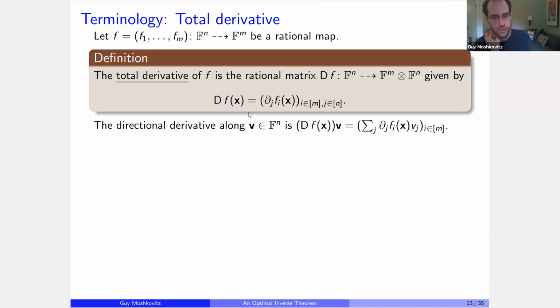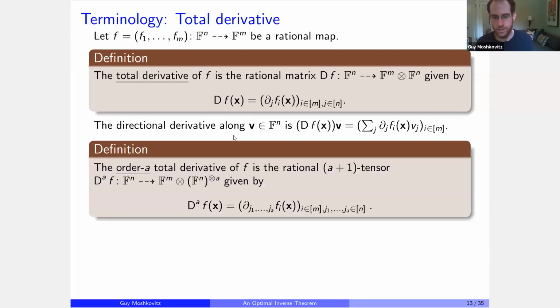Notice that if you take the total derivative, you get a matrix of rational functions, but that's again a tuple of rational functions. You can take the total derivative again, so you can iterate that. If you iterate it twice, you get a 3-dimensional matrix, where each entry is again a rational function.